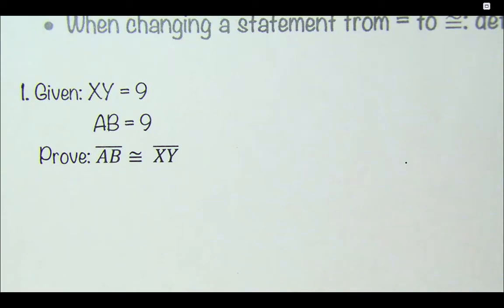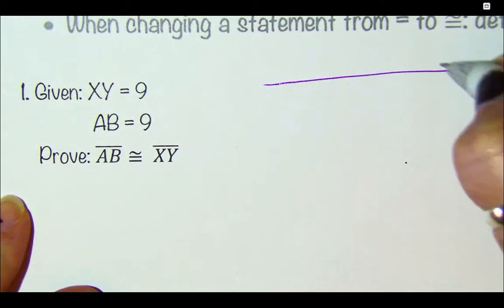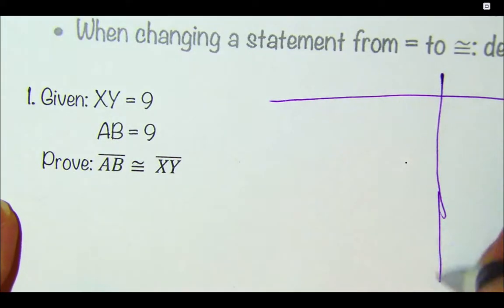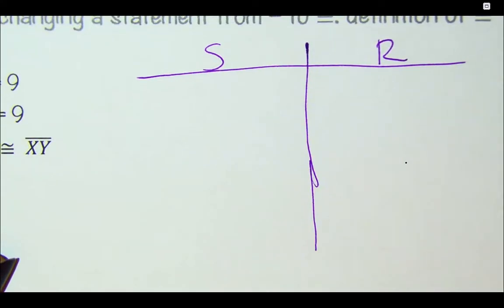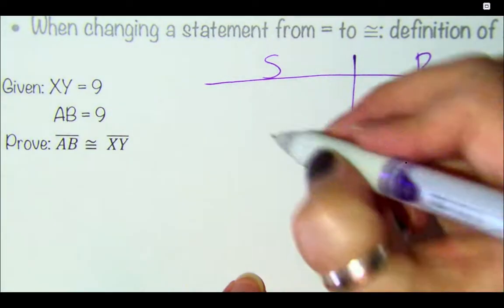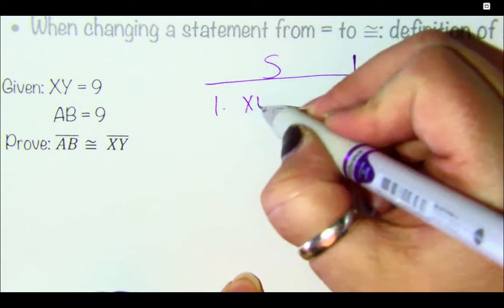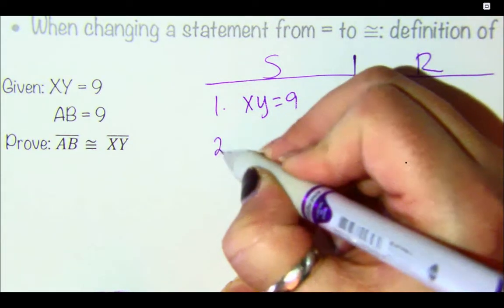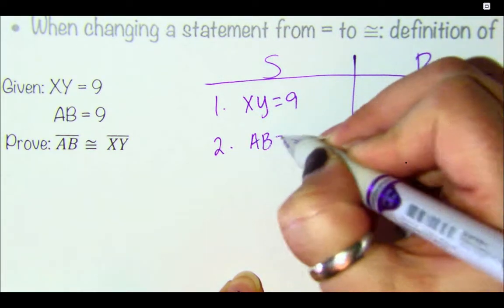Go ahead and make your 2-column chart. Statements, reasons, and list the givens. XY equals 9 and AB equals 9.